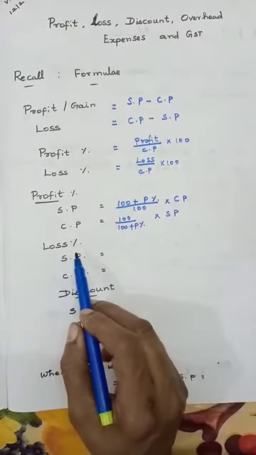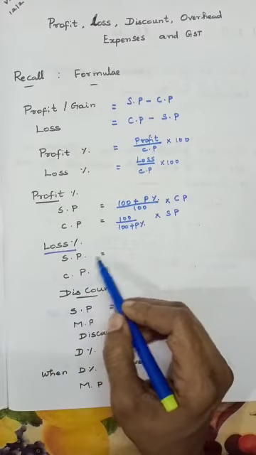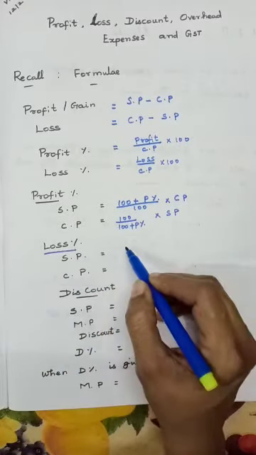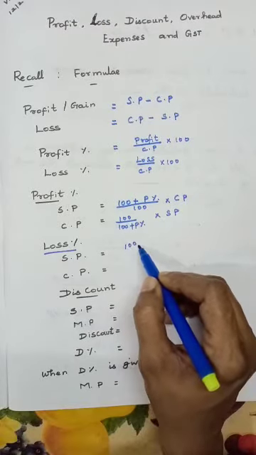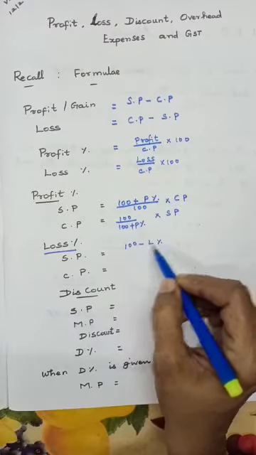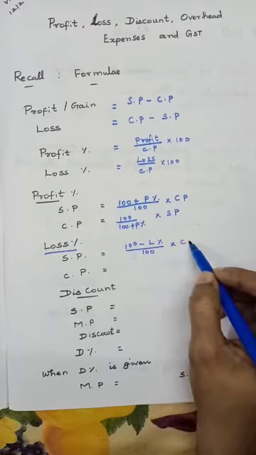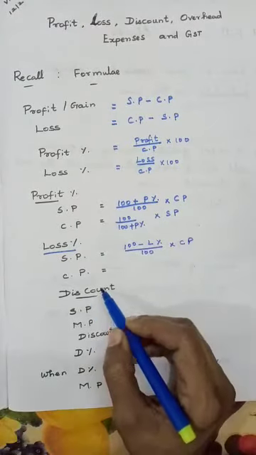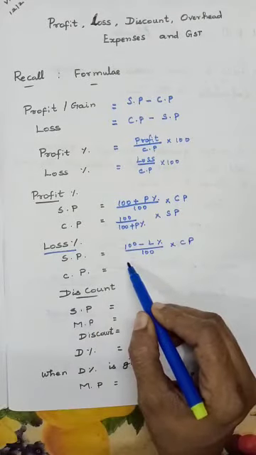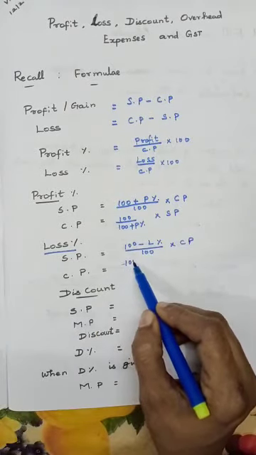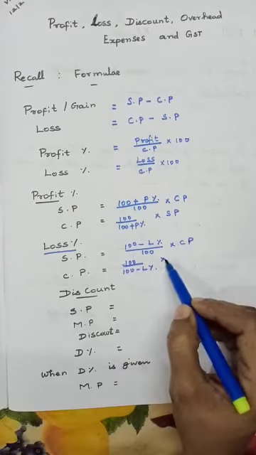When they are given loss percent and CP, you have to find SP. For that, 100 minus loss percent by 100 into CP. Then they are given SP and loss percent, then CP is equal to 100 by 100 minus loss percent into SP.